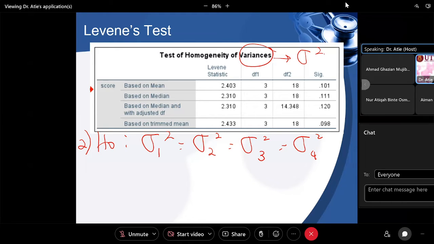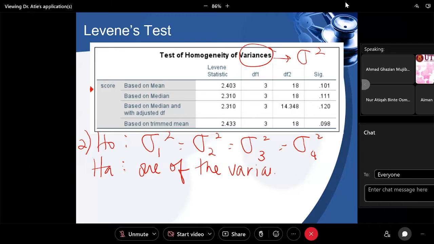So H0: sigma squared 1, sigma squared 2, sigma squared 3, and sigma squared 4 are equal. And then for the HA, one of the variances is different or not equal.